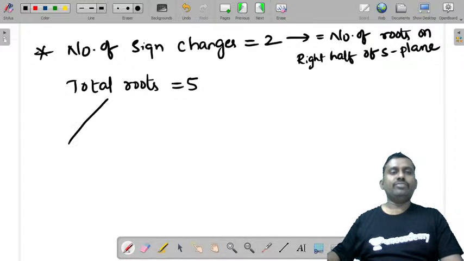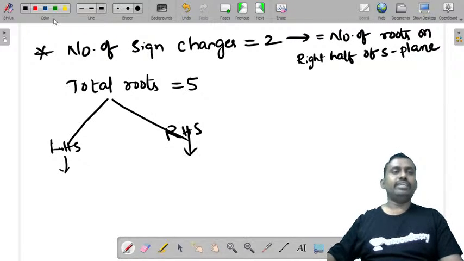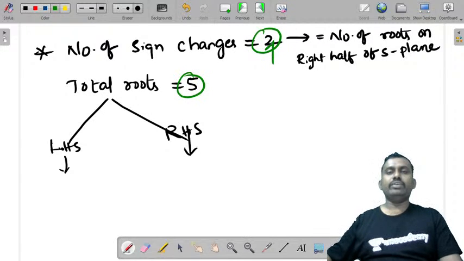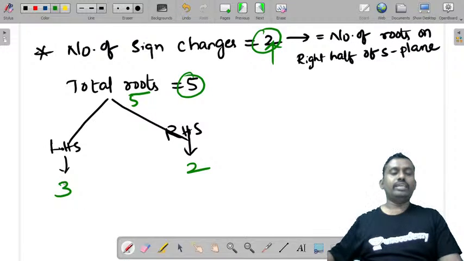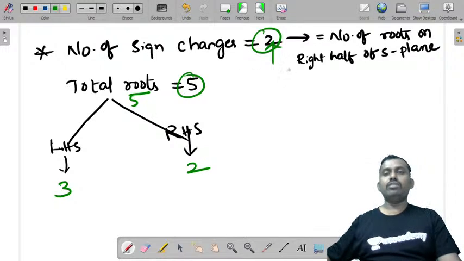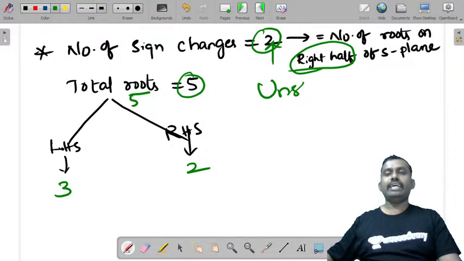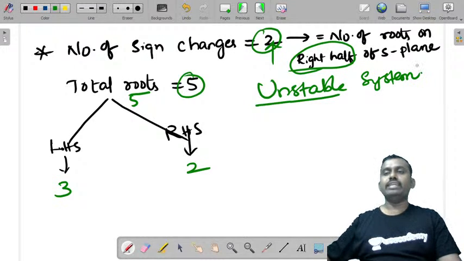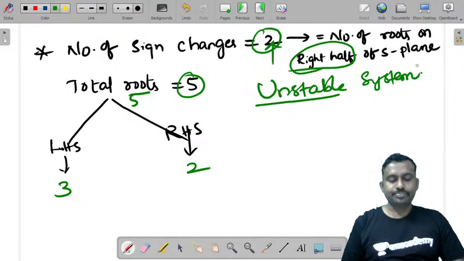Therefore, out of the total roots, how many are on the left half of the S plane and how many are on the right half? Total roots are 5, of that on the right we have 2. Therefore, the rest of the 3 are on the left half of the S plane. Because there are roots on the right half of the S plane, we can say that the given system is an unstable system.